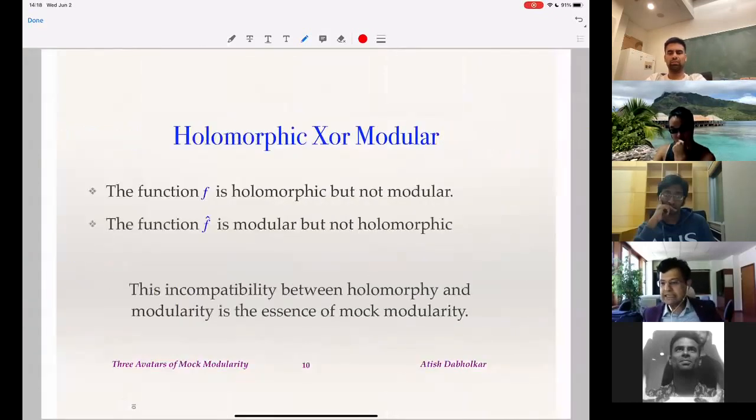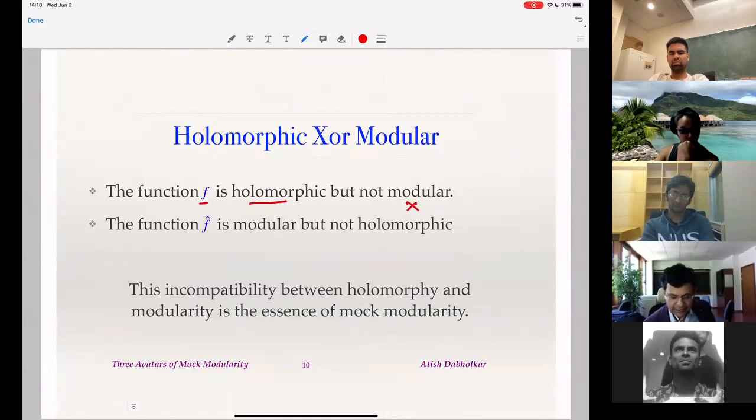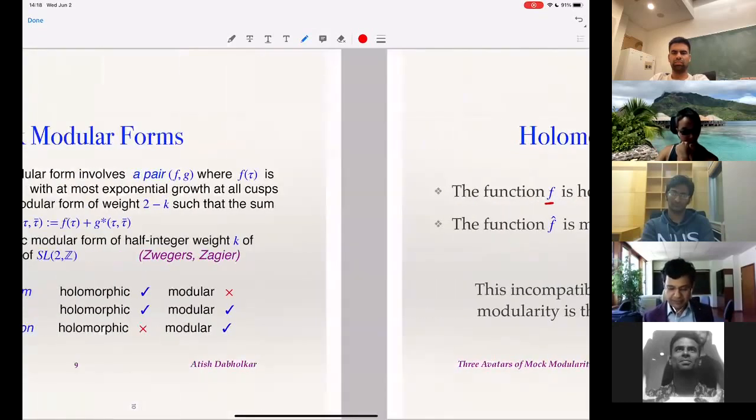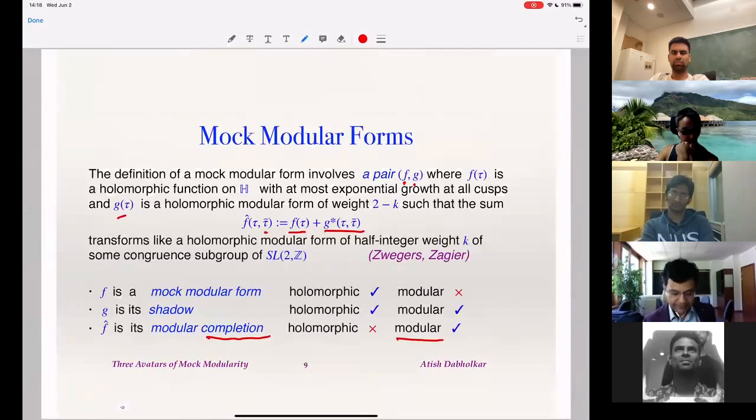So the essence of mock modularity is this kind of an exclusive OR property, that is holomorphic XOR modular. The function f is holomorphic but not modular, whereas f hat is modular but not holomorphic. And this incompatibility between holomorphy and modularity, that's the essence of mock modularity. And of course, Ramanujan never specified what is this function g.